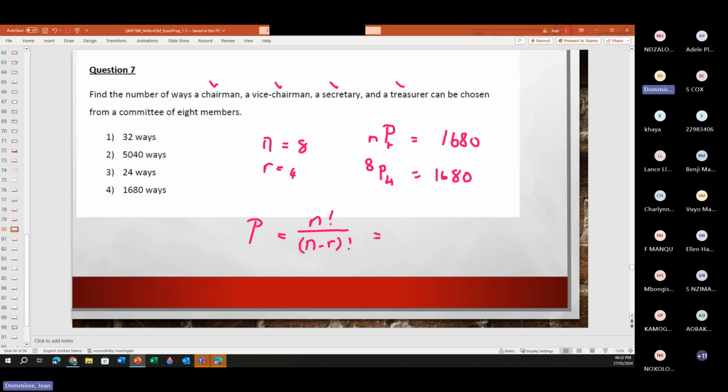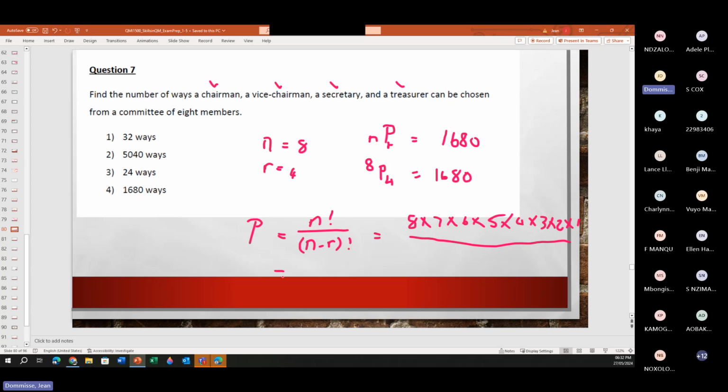Let's quickly write what that means. So n factorial, n is 8. So it means 8 times 7 times 6 times 5 times 4 times 3 times 2 times 1. So that's what n factorial is. At the bottom, n is 8, r is 4.